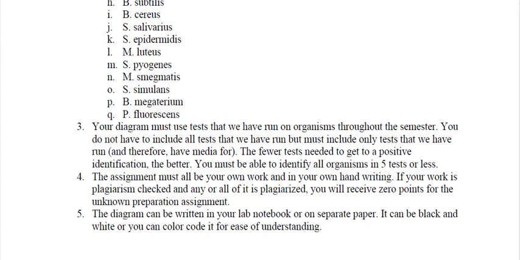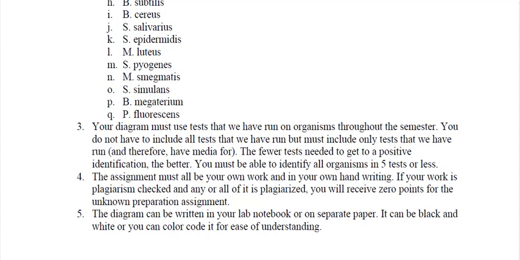So with that, you must be able to identify all of these organisms in 5 tests or less. So keep that in mind as you're going through, that you want to try to use tests that are going to separate out these organisms as early as possible, so it takes you 5 or less tests. And that again is not only because in a laboratory, like a clinical laboratory, for example, or even a research laboratory, they would want to minimize the use of the tools and therefore the costs.